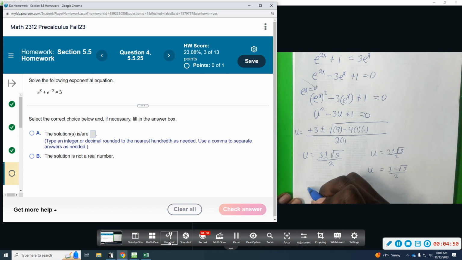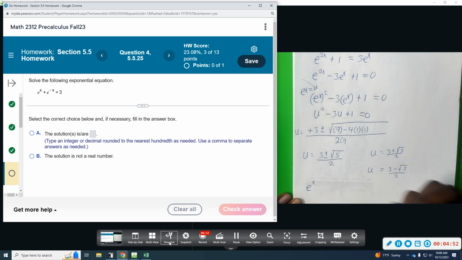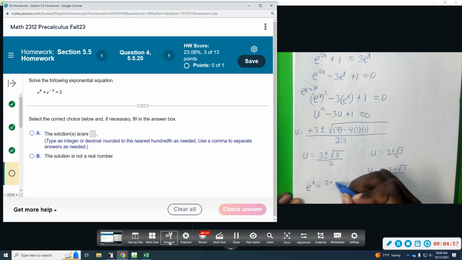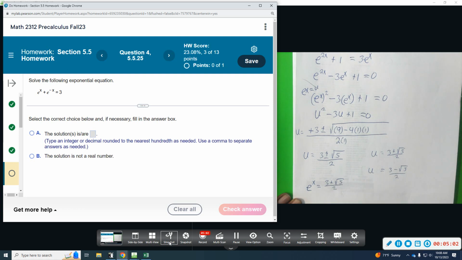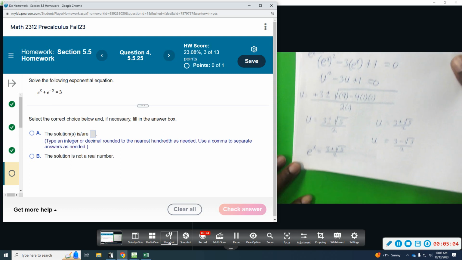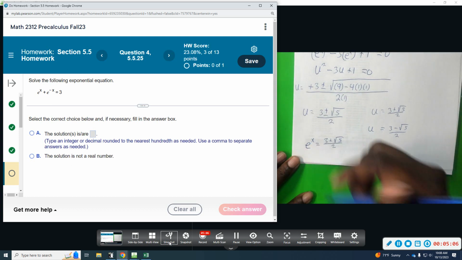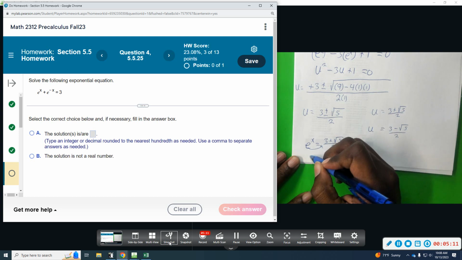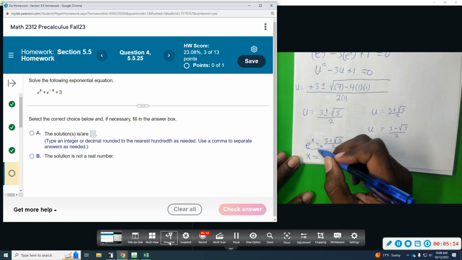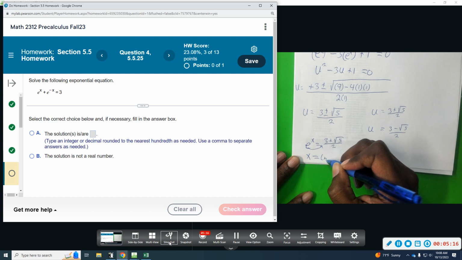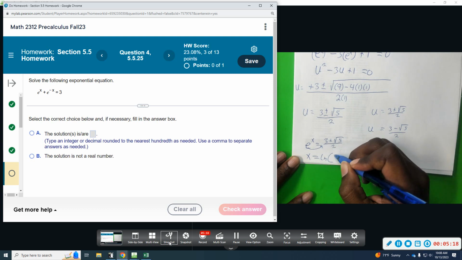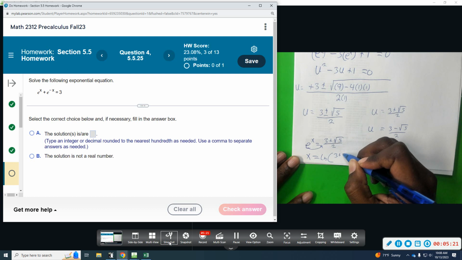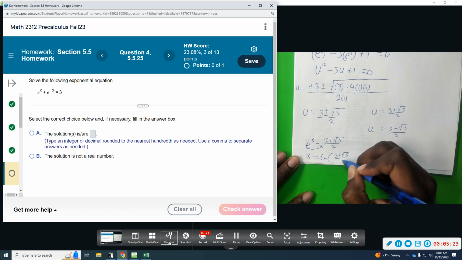So this is basically saying e to the x equals 3 plus square root of 5 over 2. And kind of like what we did in problem 3, we're trying to solve for x. If I wrote this in exponential form or log form, this would give me x equals ln of all of this, the 3 plus square root of 5 over 2.